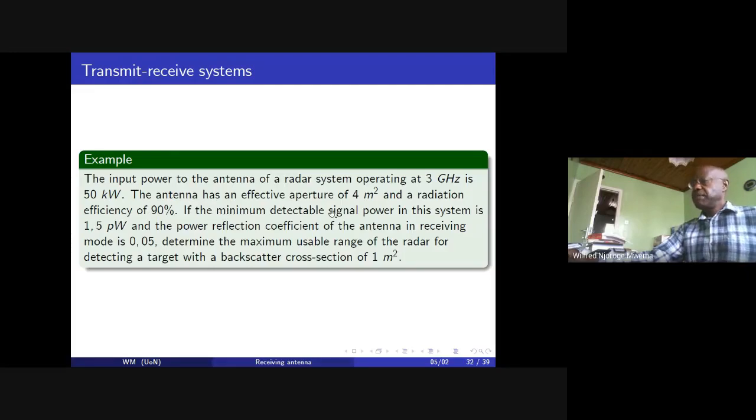If the minimum detectable signal power in this system is 1.5 picowatt, that is, the received power must be above 1.5 picowatt for it to be detected, and the power reflection coefficient of the antenna in the receiving mode is 0.05, determine the maximum usable range of the radar system for detecting a target with a backscatter cross section of 1 meter square.